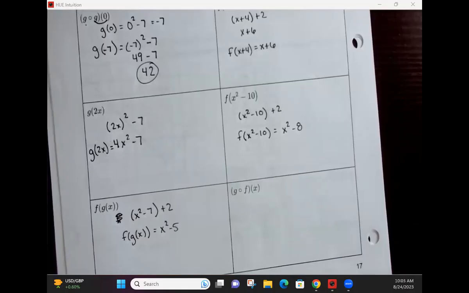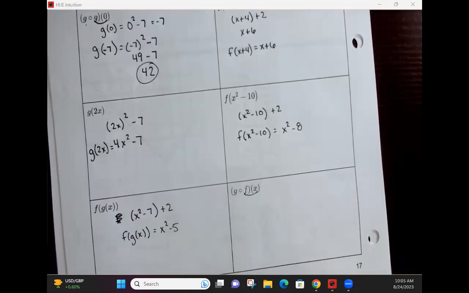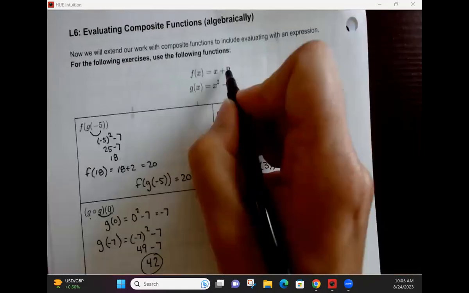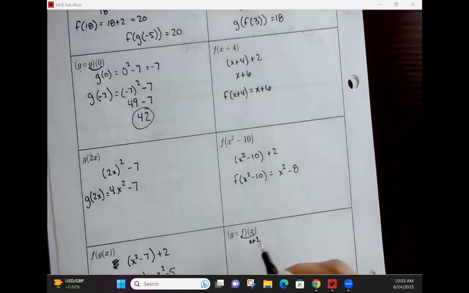Now we're going to do g of f of x. So we're swapping the order on f and g. Which one is my sort of inside? Since it's f of x, I don't need to do anything different, or plug in any values. It's just x. So my f of x is just x plus 2. And now I plug this into g.